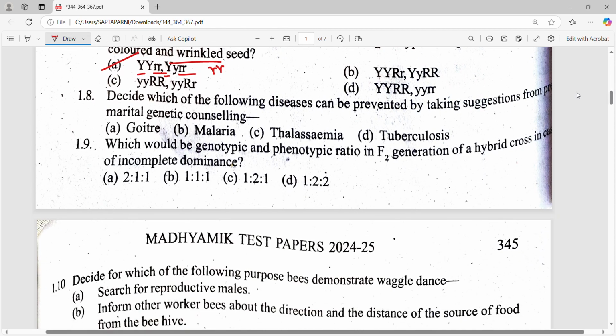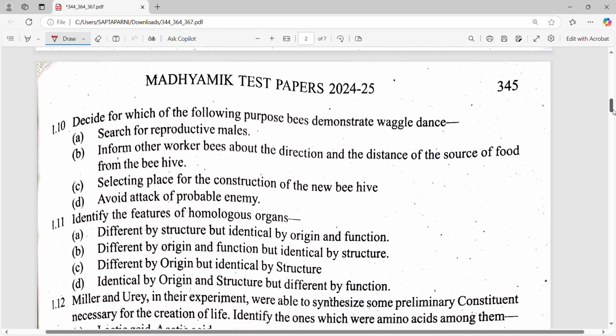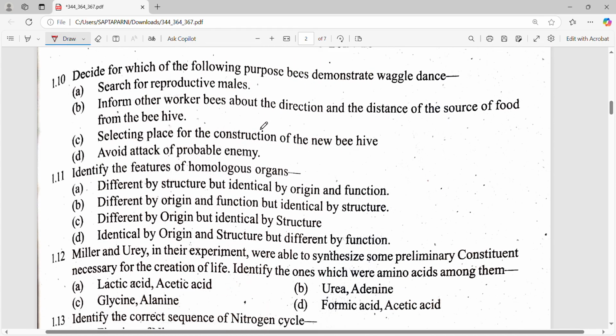Next question, decide which of the following diseases can be prevented by taking the suggestion from premarital genetic counseling. Thalassemia can be prevented by premarital genetic counseling. Next, which would be the genotypic and phenotypic ratio in the F2 generation of a hybrid cross in case of incomplete dominance? The answer would be 1:2:1. The genotypic and phenotypic ratio in the F2 generation of incomplete dominance is the same.